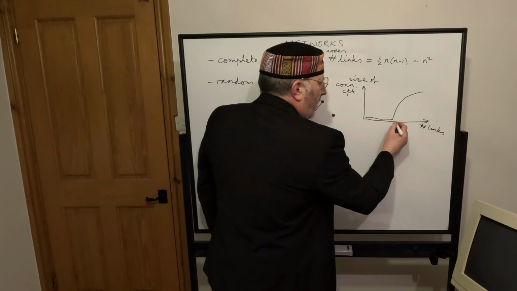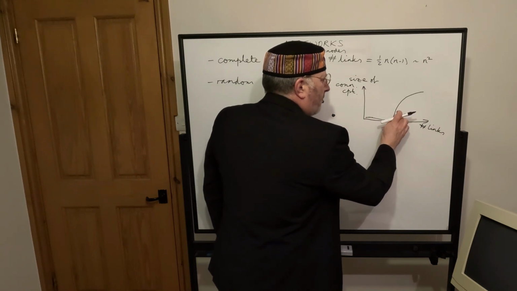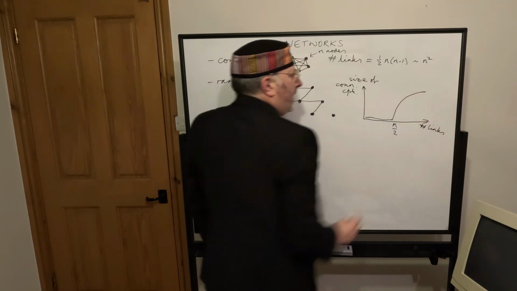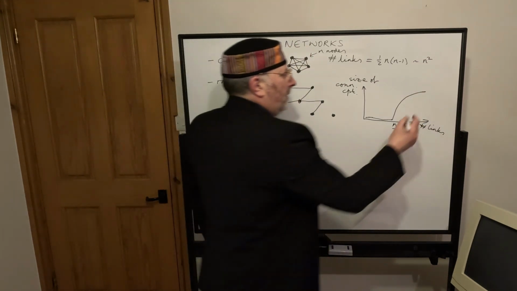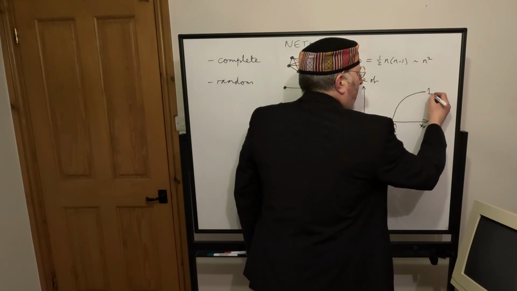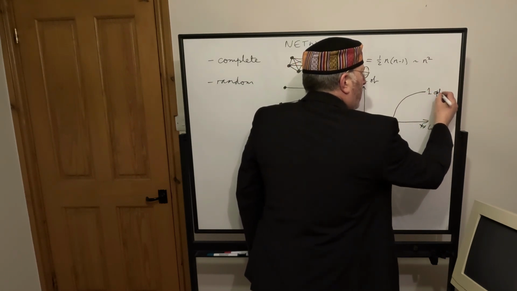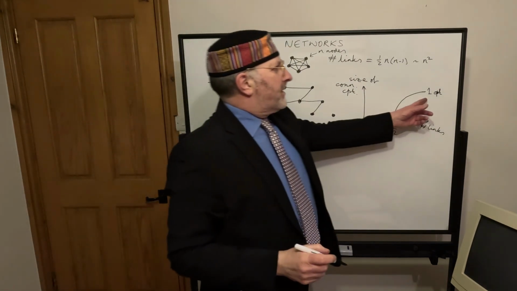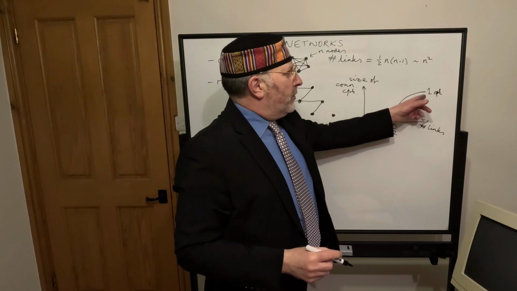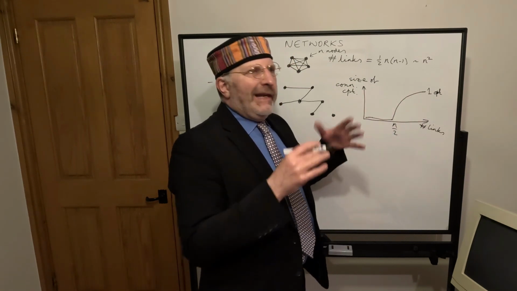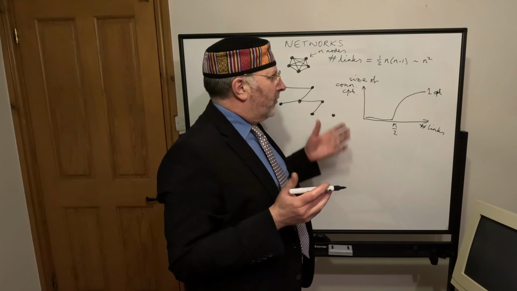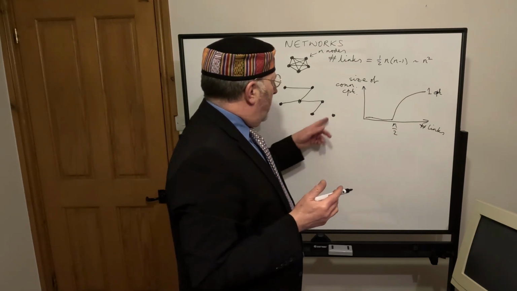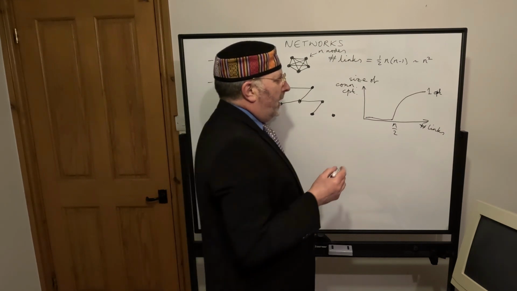So once you get past n over 2, there's quite a rapid increase in the size of the connected component, and then it tails off again until when you get up to about n, you've got pretty much one completely connected component. By that time, almost all the nodes are linked into this connected component. There are just a few that by chance didn't get connected, out on a limb.